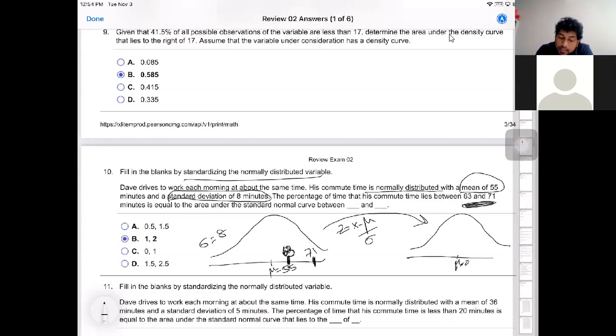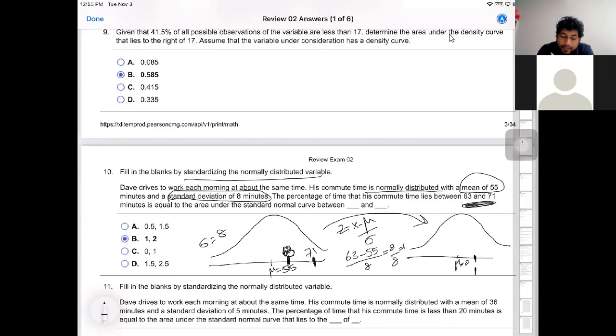Okay, so 63, now my x is 63 minus mu is 55 divided by sigma is 8. So this is 8 divided by 8, it is 1. So your new value is 1. Your new value which belongs to 63 is 1.